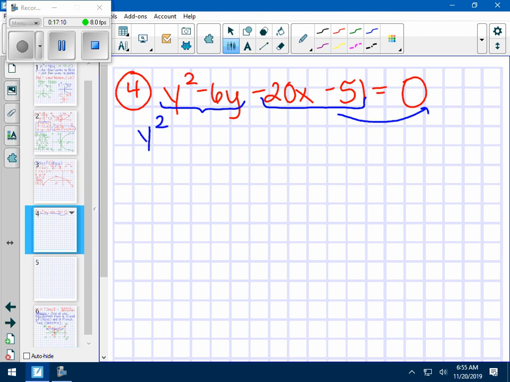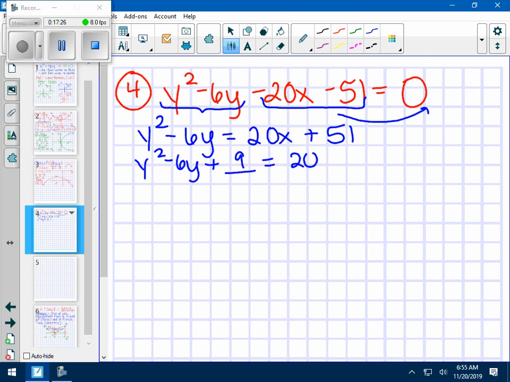So the next step, we'll have y squared minus 6y equals 20x plus 51. Add those over carefully there. And from there, now we can complete the square on the y's. So we get y squared minus 6y plus, well, if we're good at completing the square by now, we've done it a lot, you would have plus 9 there. Do the same thing to the other side, add 9.